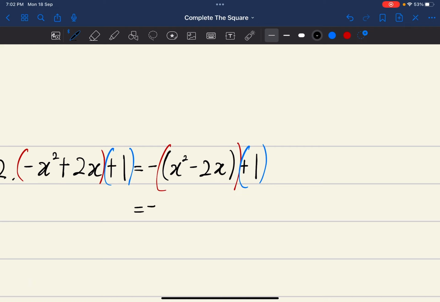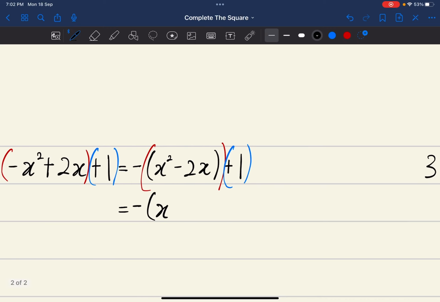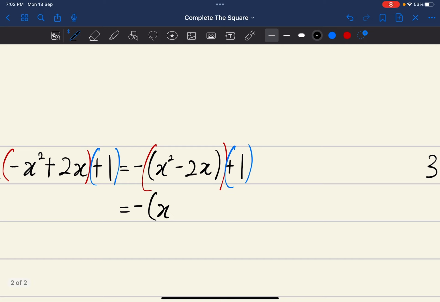So moving on, now we write back the negative, and it's the same technique again. Write x. Now we look at the sign of the coefficient of x. The sign now is negative, so we write negative. And since the value is 2, we divide 2 by 2, which is 1. Close the bracket, square it.